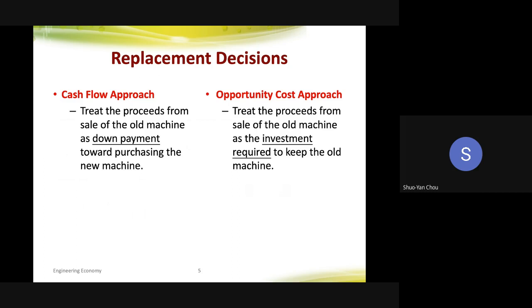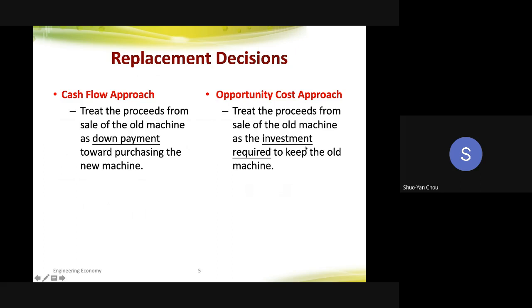So it can be considered part of the down payment towards purchasing the machine. It is the money that is actually floating around, and it is the money that we can use for purchasing the new machine. So we can consider that basic cash flow.